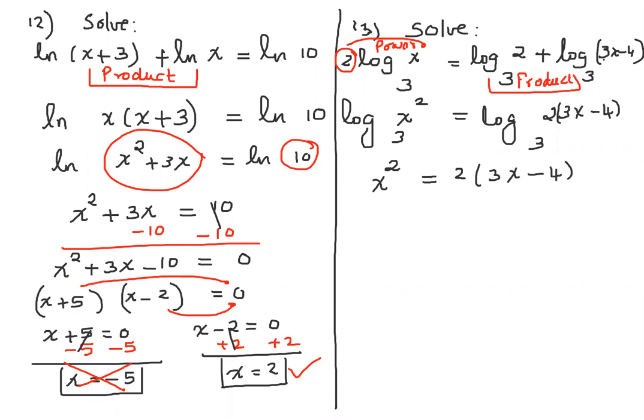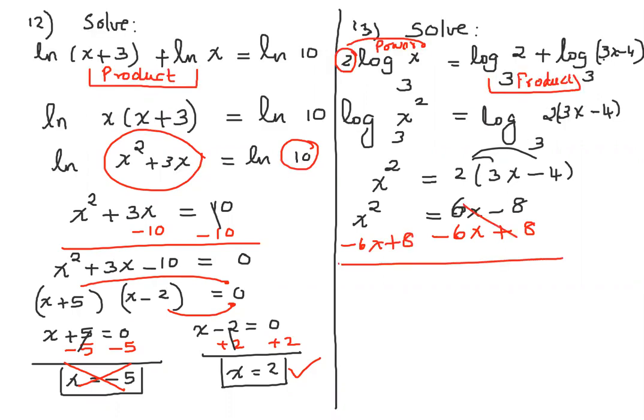Again, we are getting a quadratic equation, so we have to factor. Distribute to get minus 8 and bring everything to one side, so minus 6x plus 8. So we get x squared minus 6x plus 8 equal to 0.